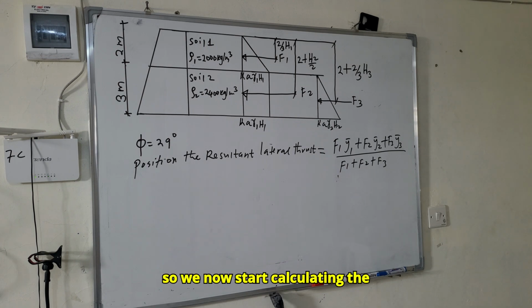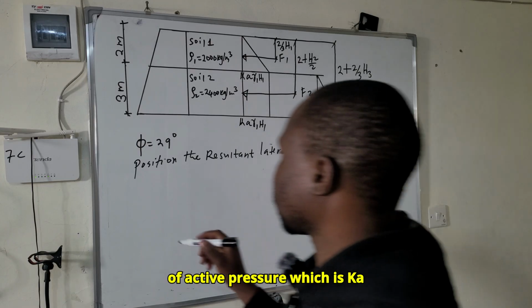So we now start calculating the forces, and before you can start calculating the forces, let's calculate the Rankine's coefficient of active pressure, which is Ka.